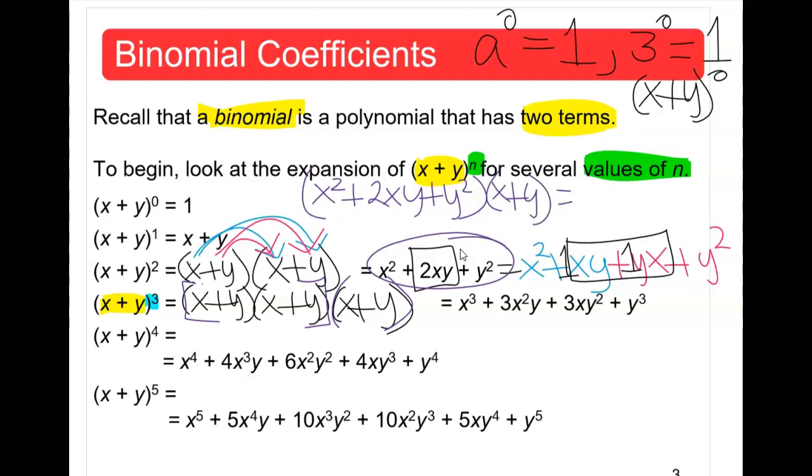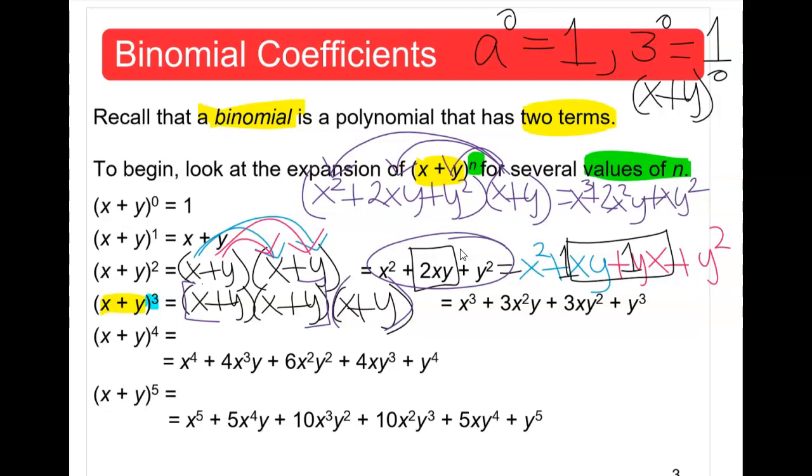So we will have to distribute first the x, so it will be x times x squared, which is x cubed, then x times 2xy, so that will be 2x squared y, and then x times y squared, so that will be xy squared.